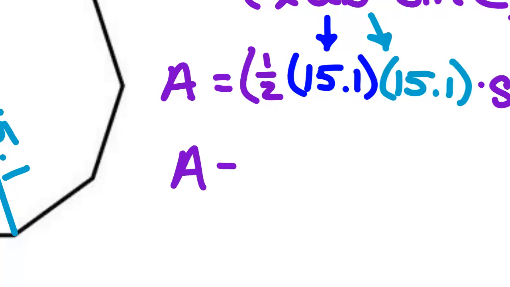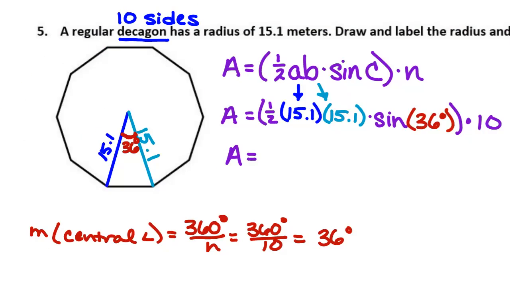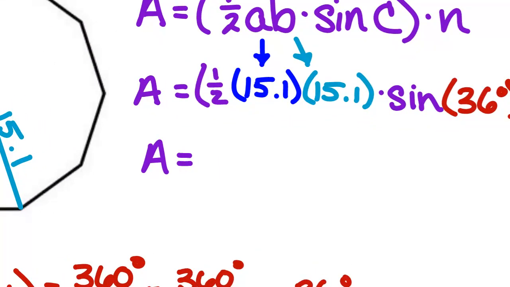All right. Let's pop that into your calculator. What do we get? The sides are 15.1.